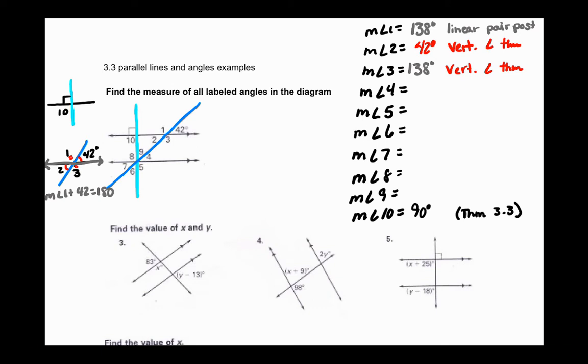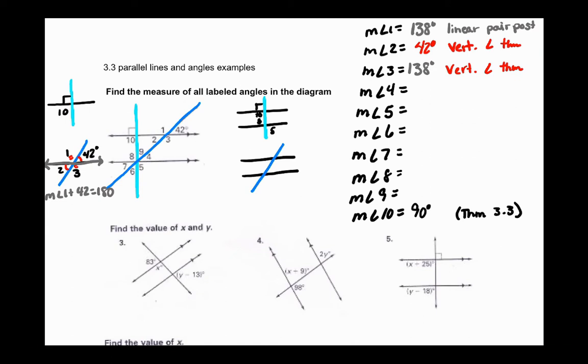Now what I'm going to do is look at my two parallel lines and the two different transversals. I'm going to look at my parallel lines with the vertical transversal, and I'm going to look at my parallel lines with the slanted transversal. So in the first one, my parallel lines with the vertical transversal, we create the box in angle 10, and then in my bottom parallel, my vertical transversal and the parallel have angle 8 and 5.